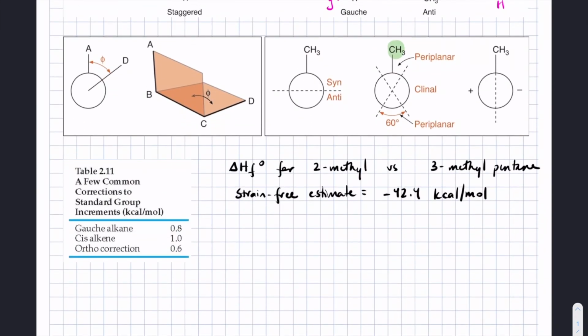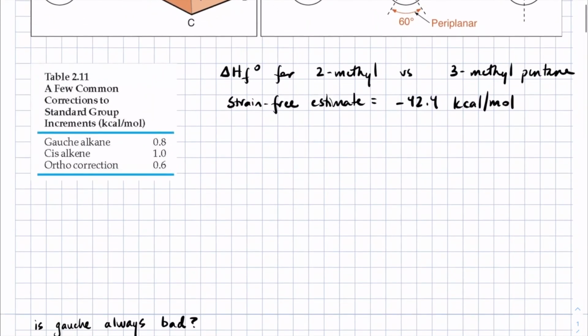So it turns out, based on the data that they have obtained, you can start to add corrections to calculated heats of formation. As an example, your text asks you to look at the difference between 2-methylpentane and 3-methylpentane.